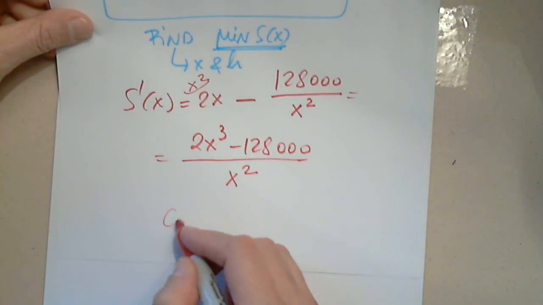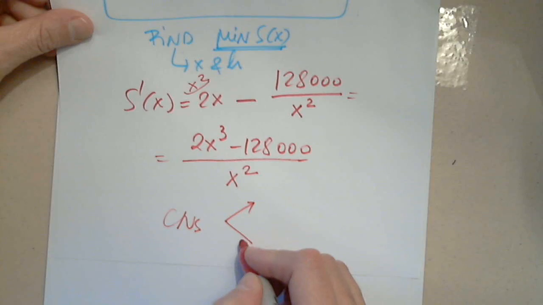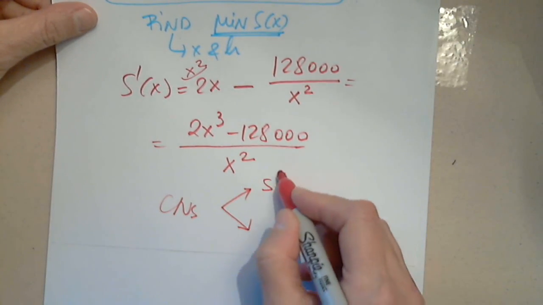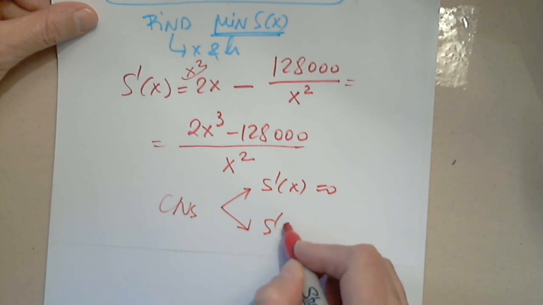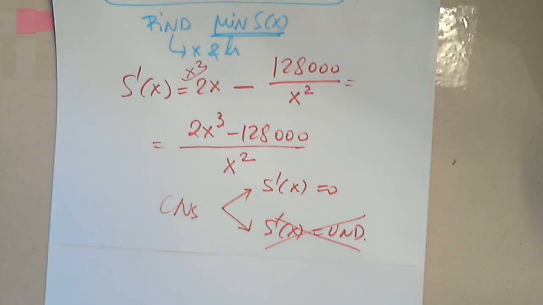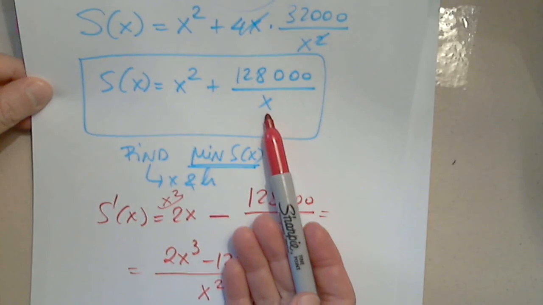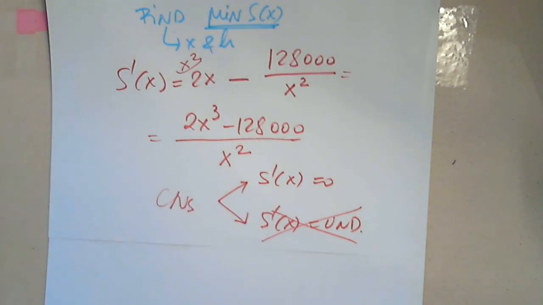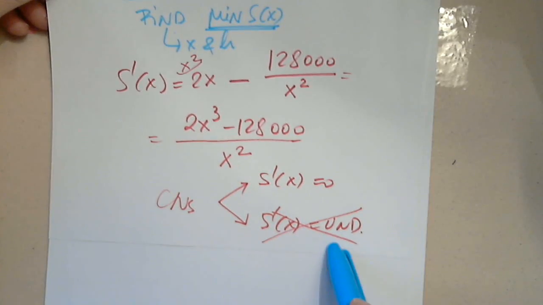And now critical numbers, if you remember, they come from two sources, from S prime being 0 or from S prime being undefined. But there is no possibility here because the function is not defined at 0 and so is its derivative. So no critical numbers coming from S prime being undefined.